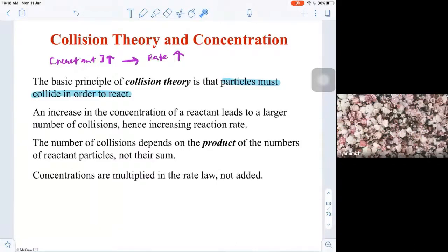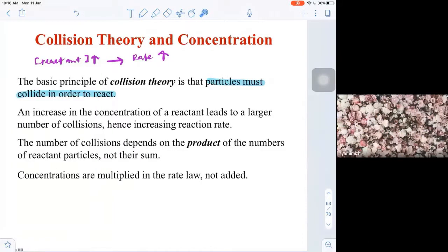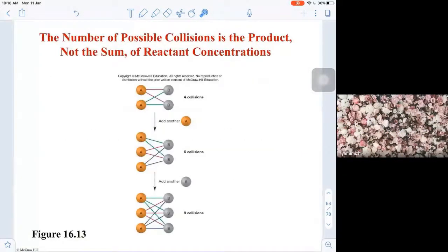Okay, look at this figure. Let's say we have a reaction between the yellow particles and the gray particles. We have two atoms of A and two atoms of B. If we have two atoms of A and two atoms of B, the number of possible collisions will be 4.